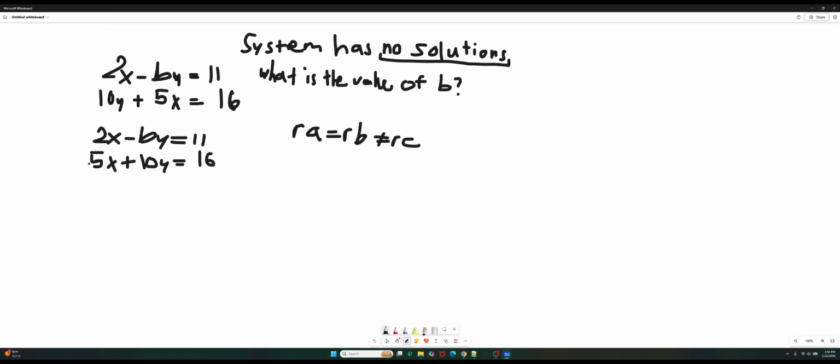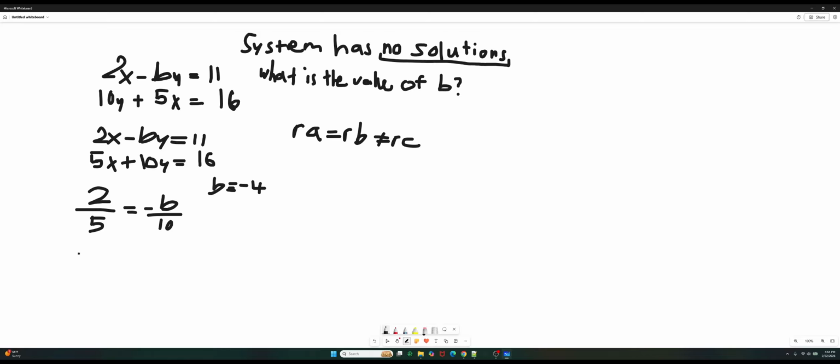So we could equate this ratio a to this ratio b and then solve for b. If we do that, we get 2 divided by 5 equals negative b divided by 10. Now, just from looking at this, I know b equals negative 4. But if you're still having a hard time with your algebra, here's the way you could do it step by step.